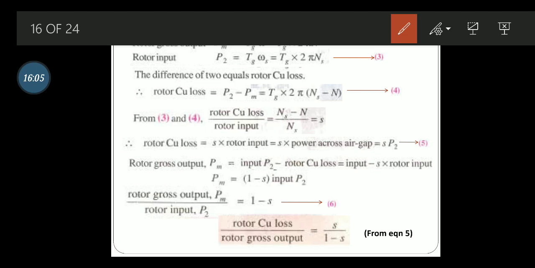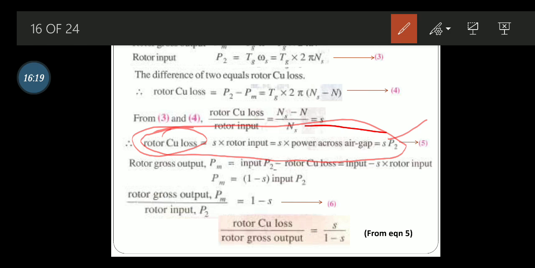Now just substitute here the rotor input. Consider this equation: what is the rotor input? From this equation, you will get rotor input equal to rotor copper loss divided by s. This equation says rotor copper loss is equal to s times rotor input; from that, rotor input is equal to rotor copper loss divided by s.